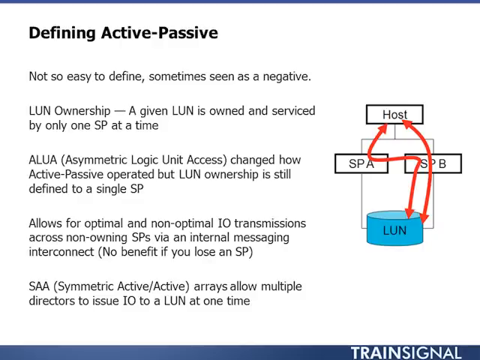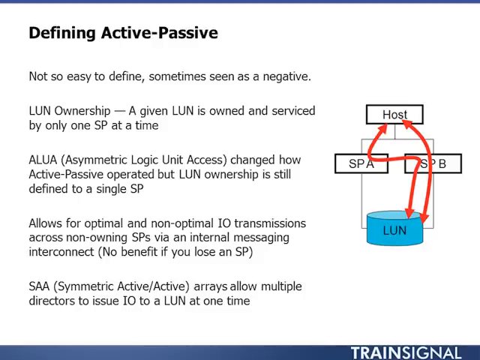So it doesn't really help you, and this is mentioned down here on the third bullet point. ALUA doesn't help you if you lose an SP in its entirety. There's no benefit with having ALUA in place. The benefit comes when you lose front-end connectivity to SPB in this example.